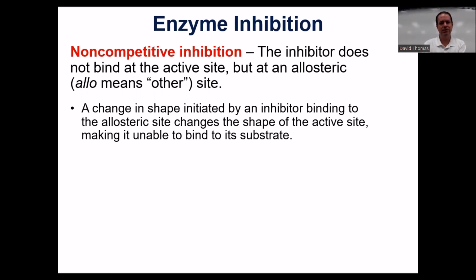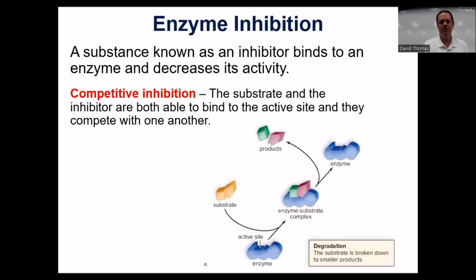What happens is that when the allosteric inhibitor binds to the enzyme, it causes the enzyme to change shape at the active site. So now the active site no longer binds to the original substrate, because again, it's a lock and key scenario.